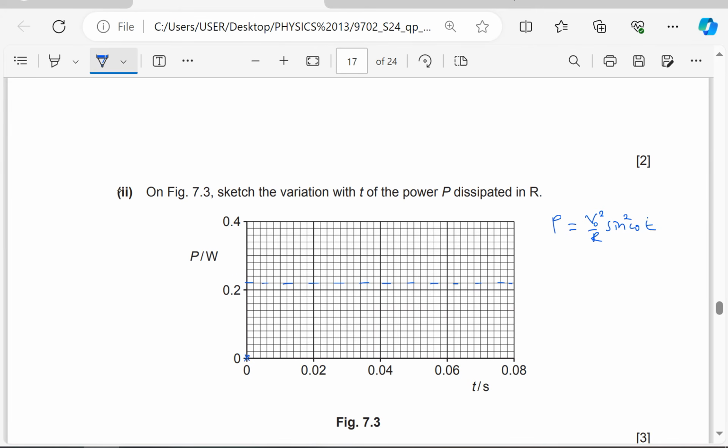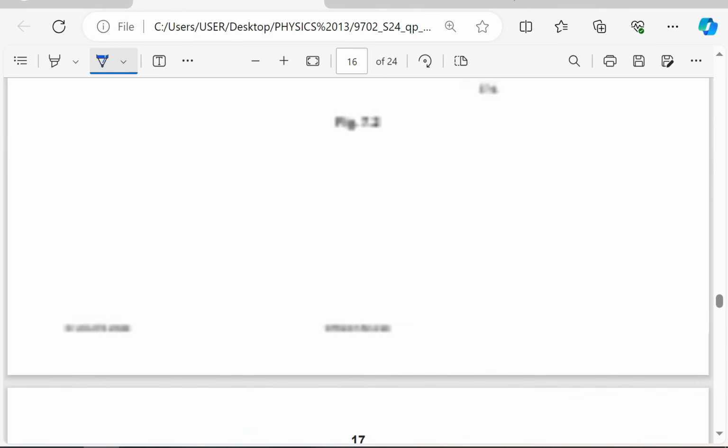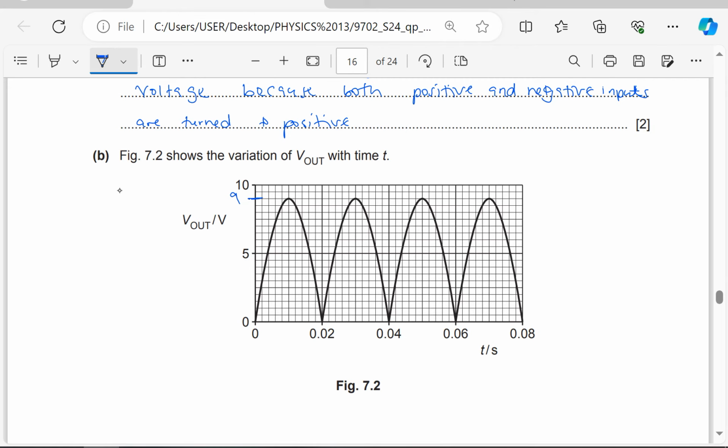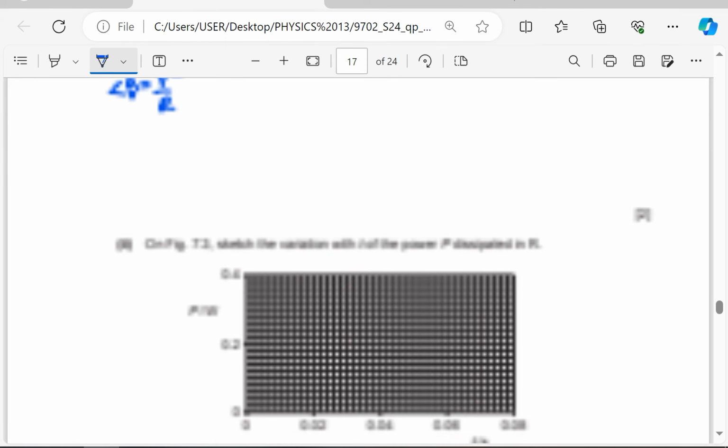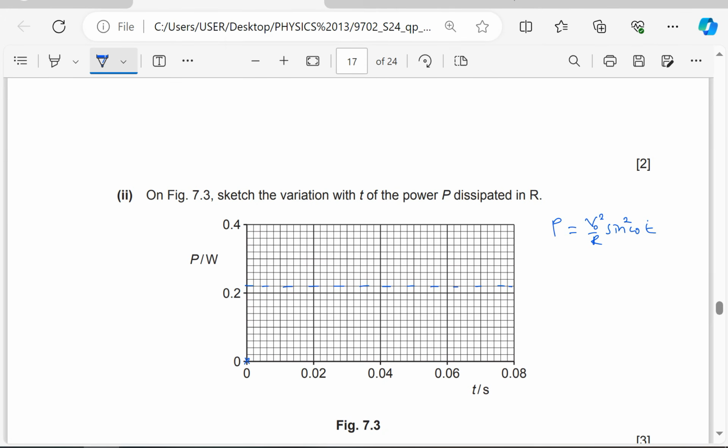When t equals, is this half a cycle? A full cycle is 0.04. Half a cycle is 0.02. So the period is 0.04. I just want to show you one example here.